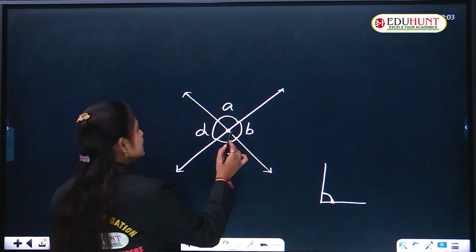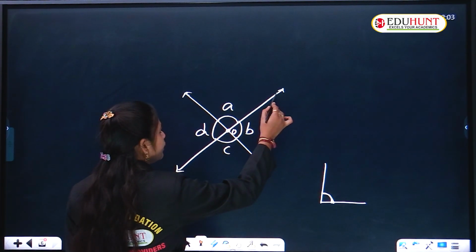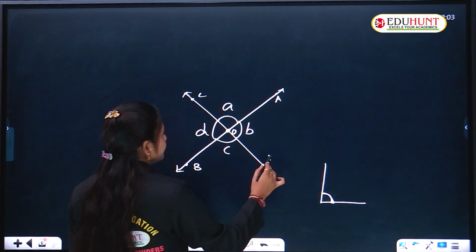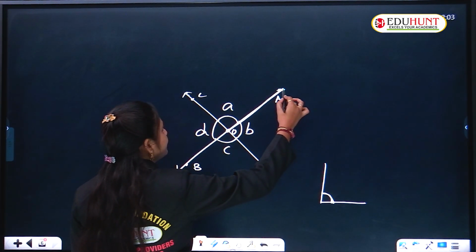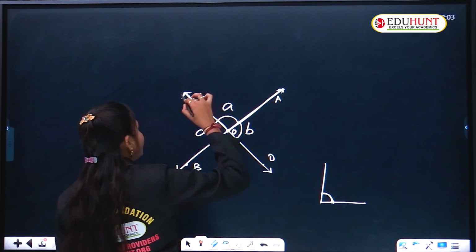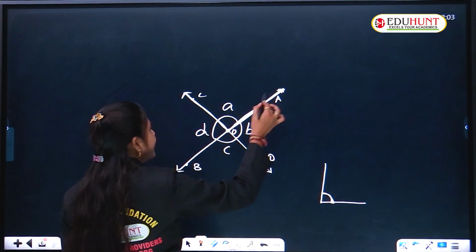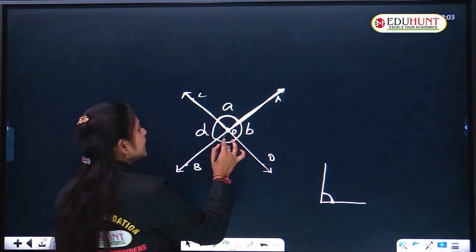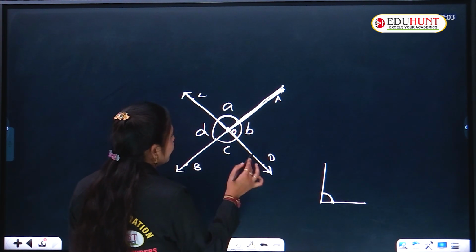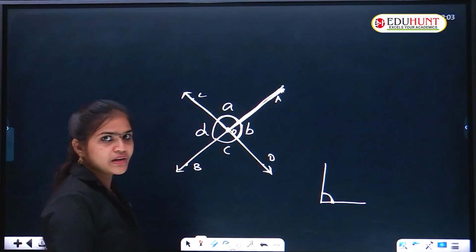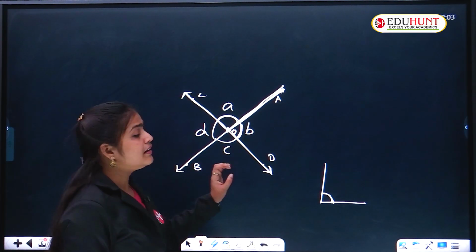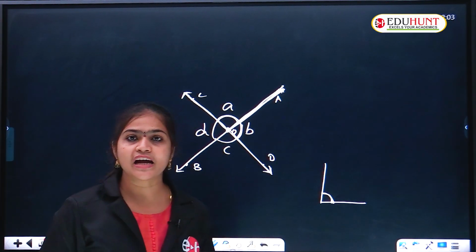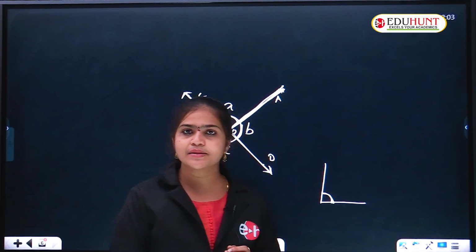In the same way, say this is a point O, and A, B, C, D. OA is one ray, OC is one ray, and the union of two rays at that common point gives one angle. In the same way, OA is one ray, OD is another ray, and at this point we can observe one angle. In this manner, if two lines are intersecting, then at that intersecting point we can observe 4 angles.